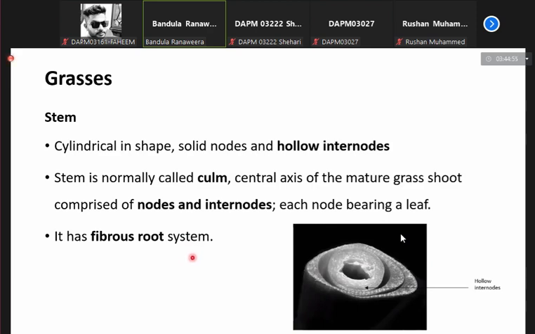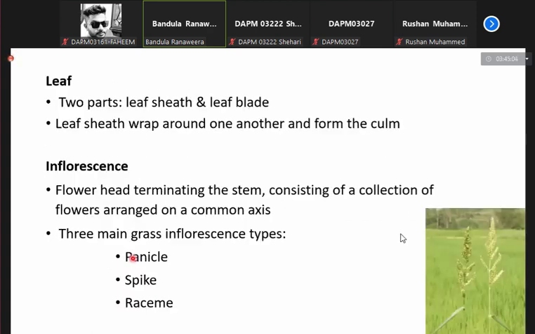So we mentioned the stem of the grasses, then leaves. Even in this picture, we can see this is the leaf blade, and the sheath is surrounding and creating a case-like structure which gives support for the stem of the plant.